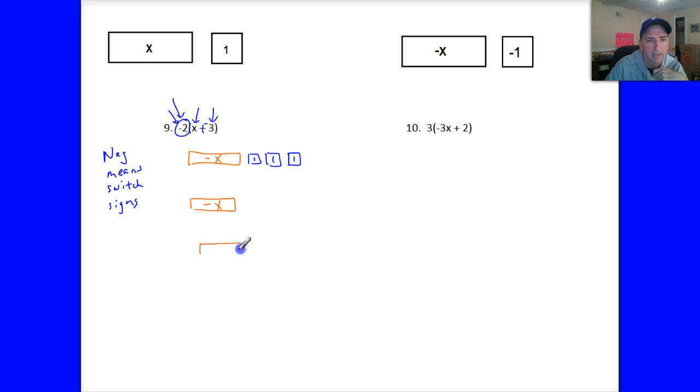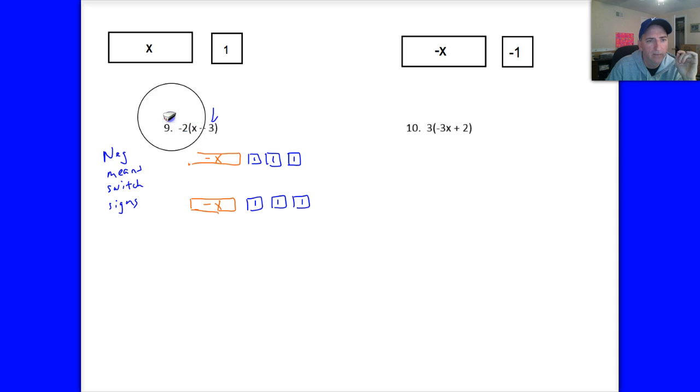So to make my life a little bit easier, oops, I did too many, didn't I? I'm going way too fast. My eraser's too big. Okay, I just have 2 groups of negative X plus positive 3. So again, why did I switch those colors?